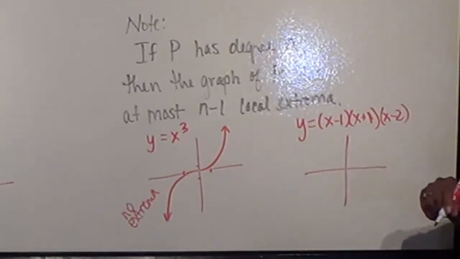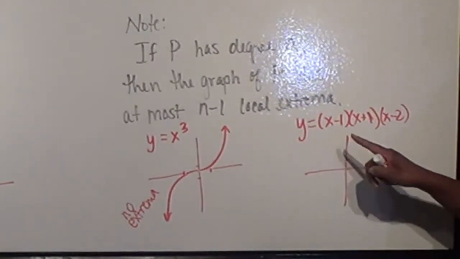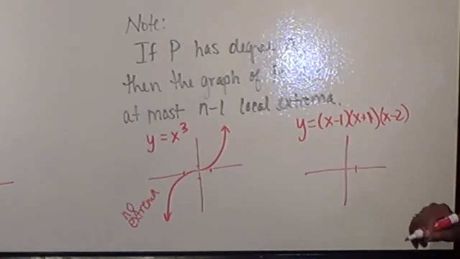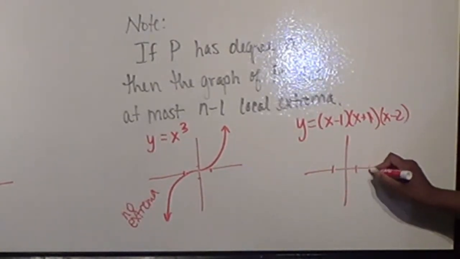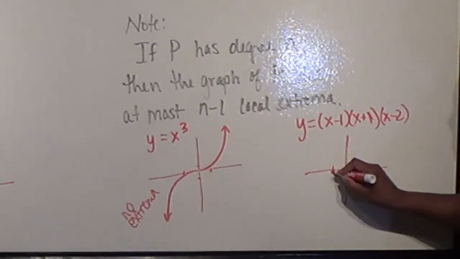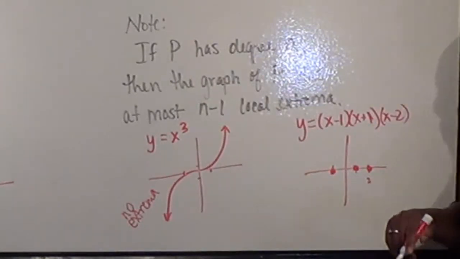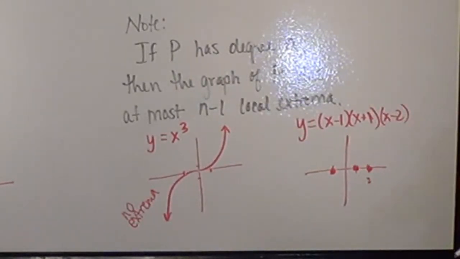Okay? If we look at this graph, so x equals 1 is going to be one of our intercepts, x equals negative 1 is going to be an intercept, and x equals 2 is going to be an intercept. So we've got these points here, and based on what we just did with multiplicity, each of these is 1, so it's going to pass through.